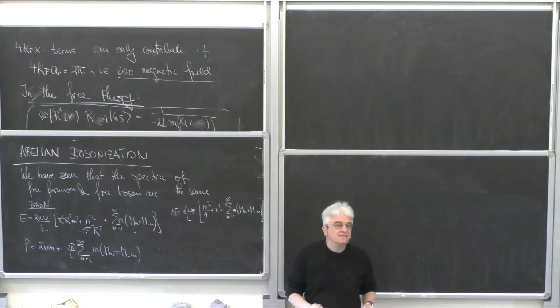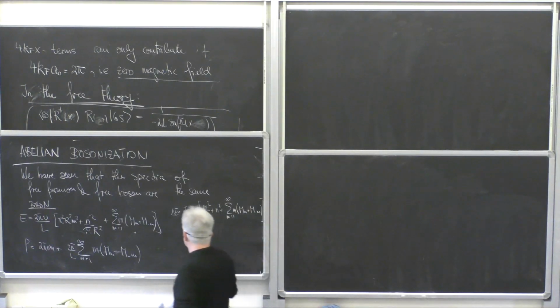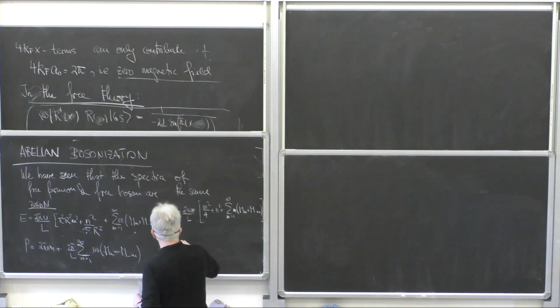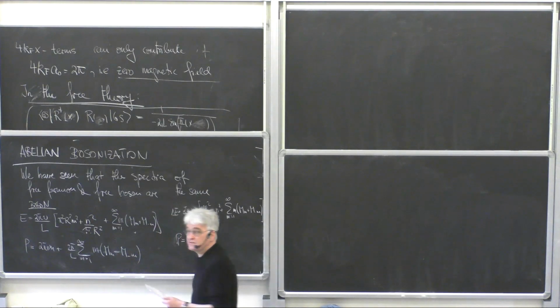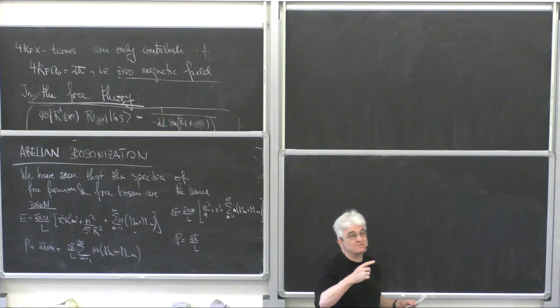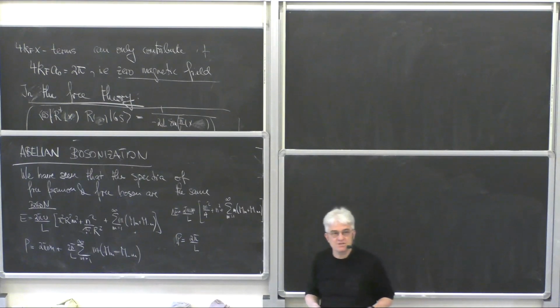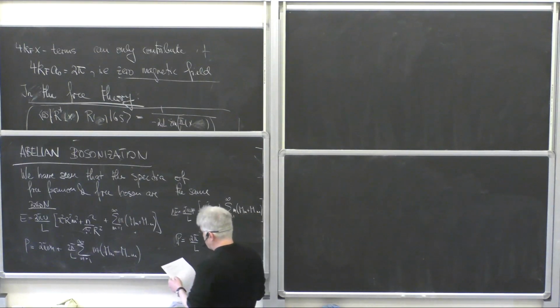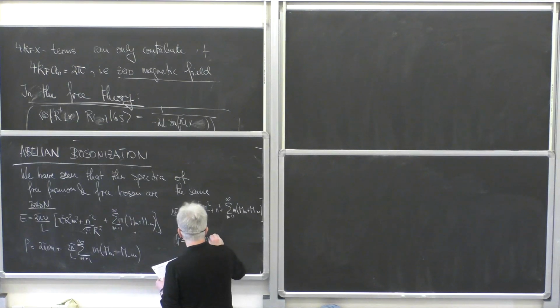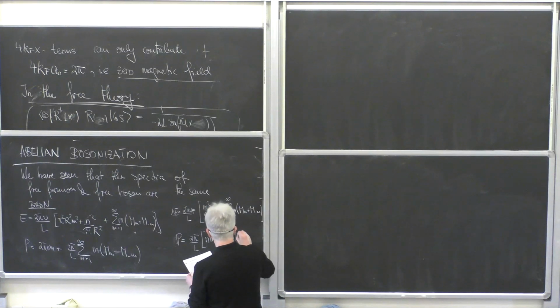And then in the field theory, the momentum was 2 pi over L. In the field theory, compared to the lattice model, I just have to strip off this piece, which was proportional to 2k_F, and I get Nm plus the sum over m equals 1 to infinity, minus m a minus m.